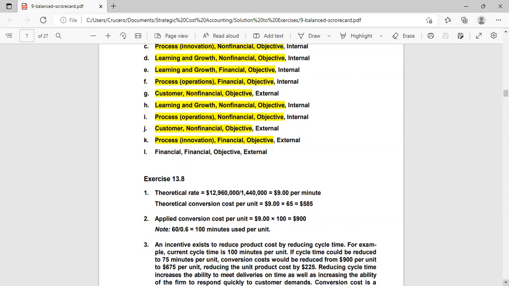Theoretical conversion cost per unit is $9 times 65 minutes per unit, so we get 585. Then the applied conversion cost per unit is 9 multiplied by 100, so it's 900. Note 60 over 0.6 equals 100 minutes used.